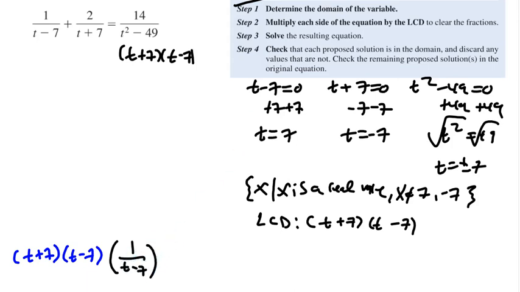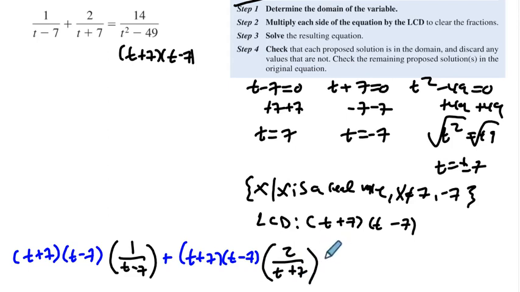Then plus, I'm going to multiply again t plus 7, t minus 7 by our second term, 2 over t plus 7. One more time, I'm going to take our LCD, t plus 7 and t minus 7, and multiply that by our last term, 14 over t squared minus 49.